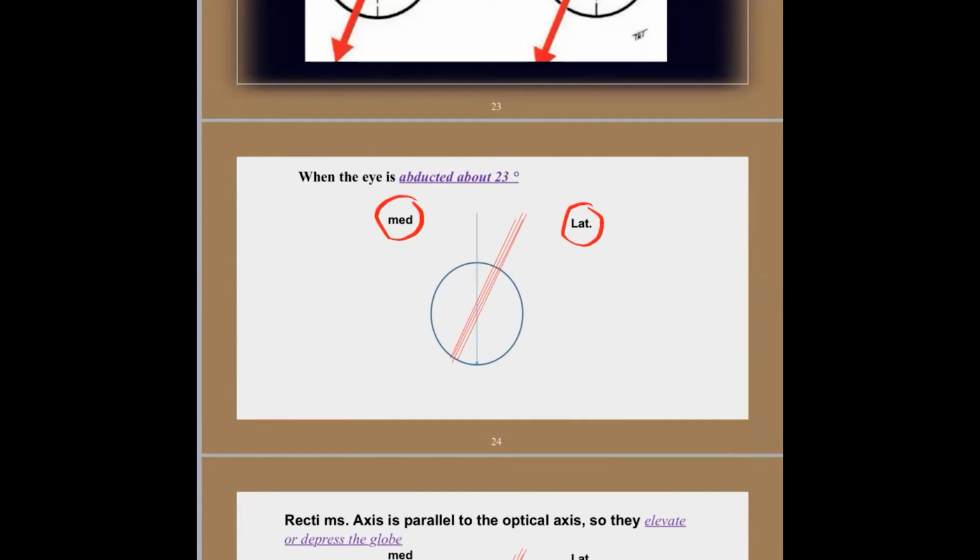The blue one is the optical axis, and the red one is the axis of the muscle. In order to make them parallel, to get elevation or depression, how can you get this? By rotating the globe medially or laterally? Laterally. So here, the main elevator in abduction will be the superior rectus muscle.